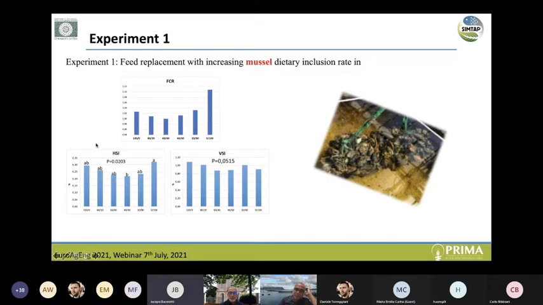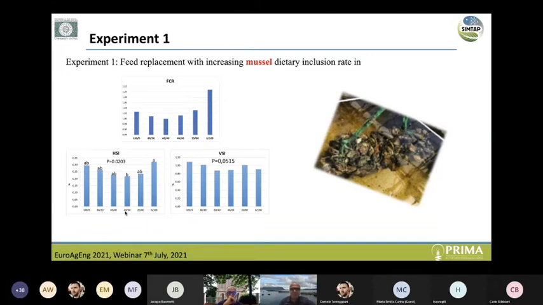Similarly, we observed these characteristic trends about the hepatosomatic index, which is, how can I say, specular. I mean, the trend is similar to those observed for growth, but when we get better growth, we had less incidence of liver on the body mass.